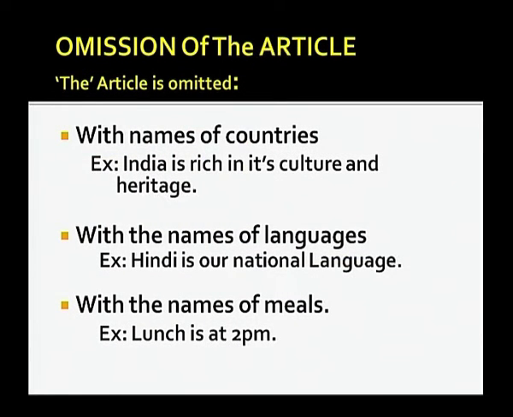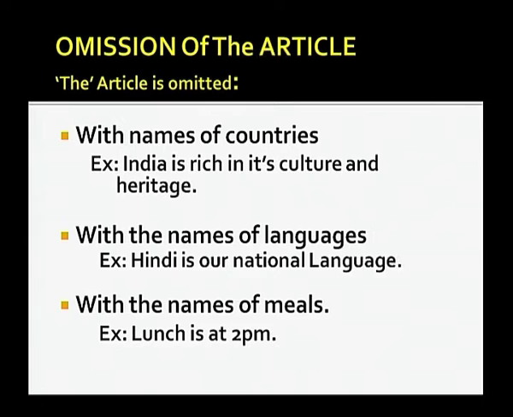That is, India is rich in its culture and heritage. We don't say an India is rich in its culture and heritage. With names of languages also, we don't use any article. Hindi is our national language. We don't say a Hindi or the Hindi is our national language.